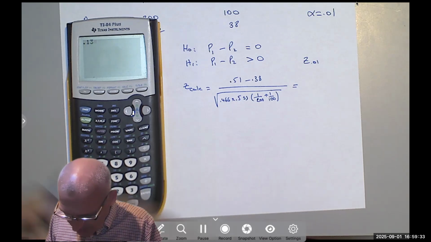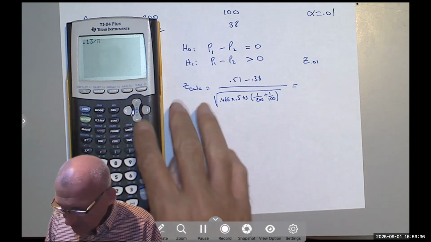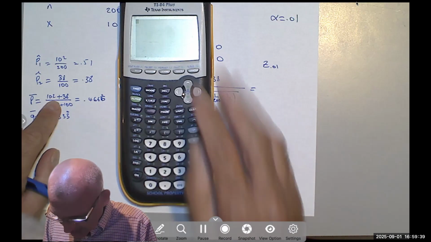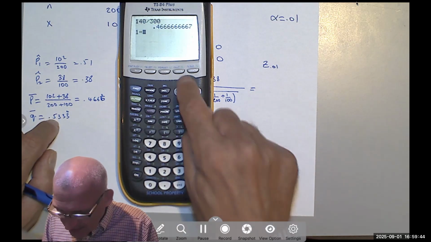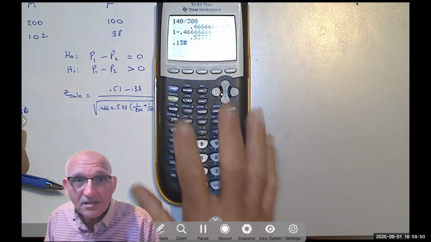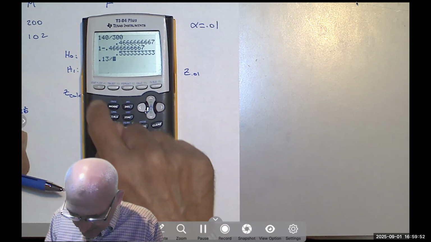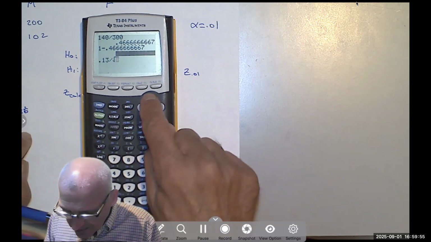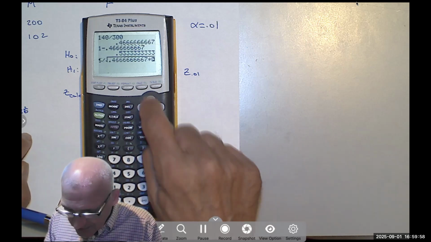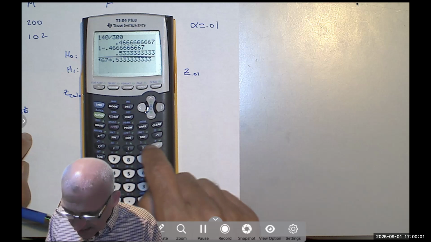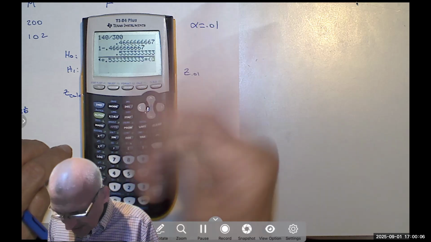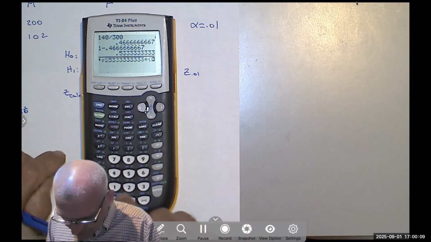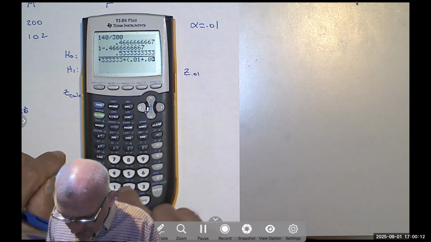There is no reason to do that. Divided by the square. Oh, no, we didn't. So let me do it correctly. 140 over 300 and 1 minus that. And then we can say 0.13, the numerator, divided by the square root of this guy times that guy times 1 over 100 plus 1 over 200.